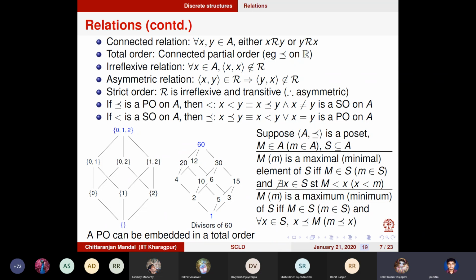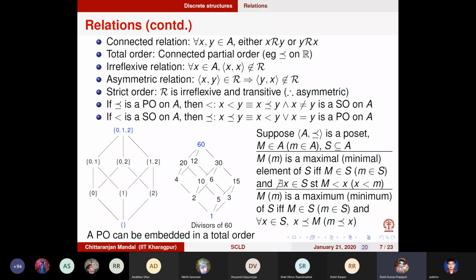I want to find the lower bound of 12 and 30. So what is the lower bound of 12 and 30? 1, 2, 3, 6.